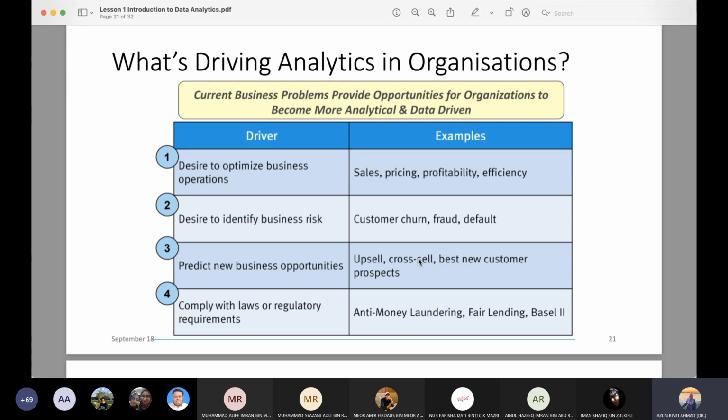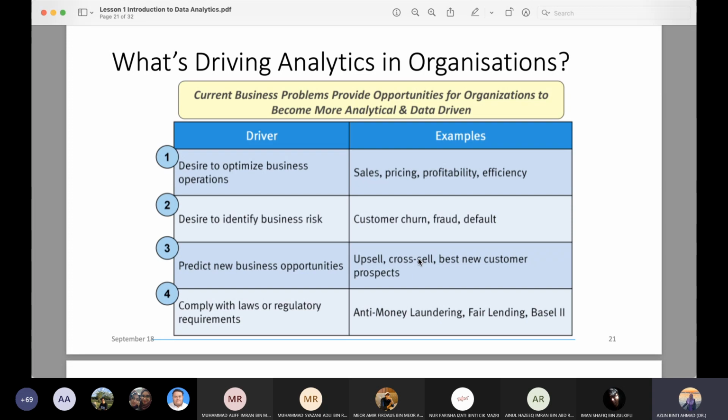Whenever they want to expand their business or produce new products, those are the things yang diorang perlukan analytics lah, especially macam nak buat targeting punya marketing. Because we know that certain customers ada different types of marketing strategy.